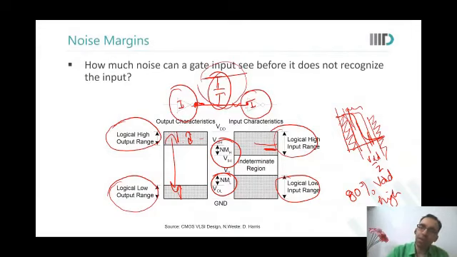Now the inverter at its receiving input stage considers a much wider range as logic high. So what does this mean? That this much noise, NMH kind of noise, can be accepted from crosstalk or any other reason. That is why it is called noise margin.